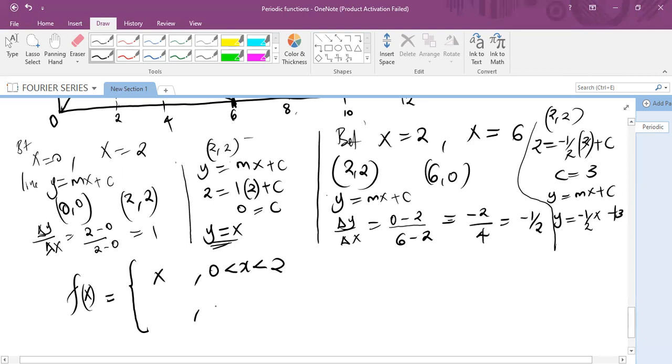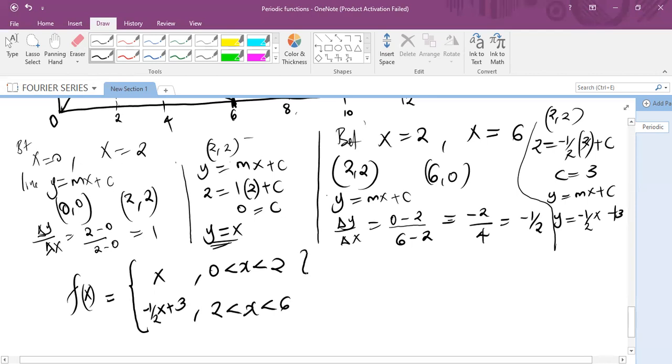And then between 2 and 6, we have our f of x being equal to the equation minus a half x plus 3.